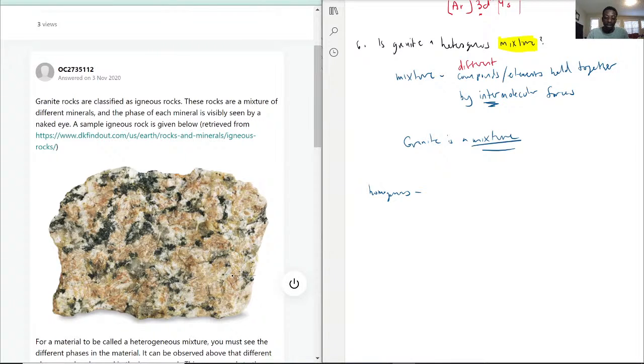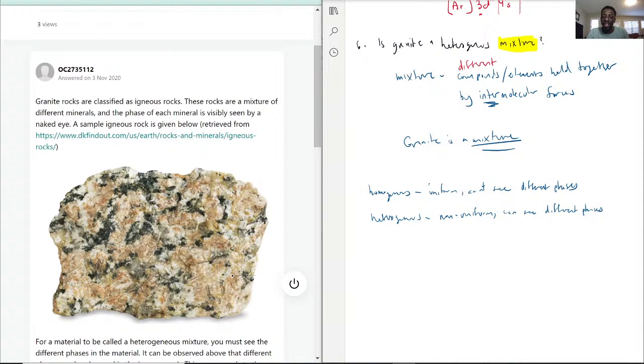So homogeneous is uniform and you can't see different phases, and heterogeneous is non-uniform, and you can see different phases.